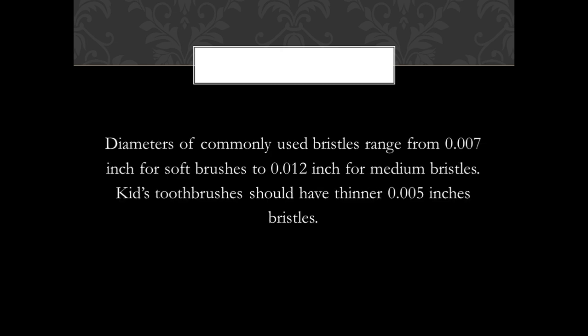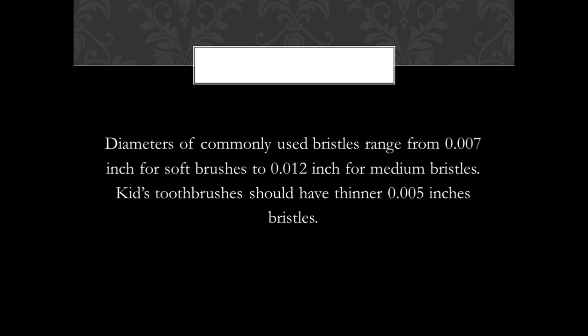Then the diameter of commonly used bristles ranges from 0.007 inch to 0.012 inch for soft and medium bristles. So mostly in the market you will come across either soft or medium. Even hard you might see, but hard is not recommended in all cases.